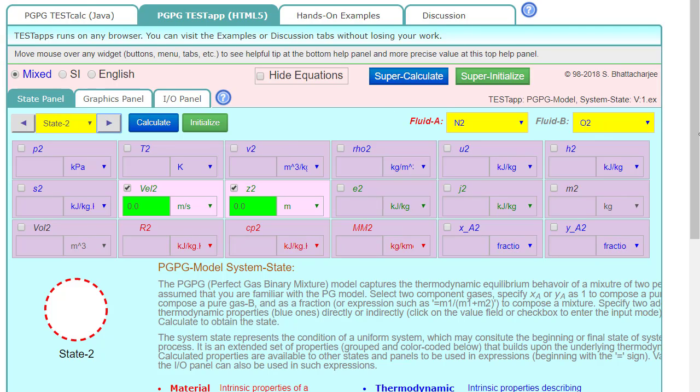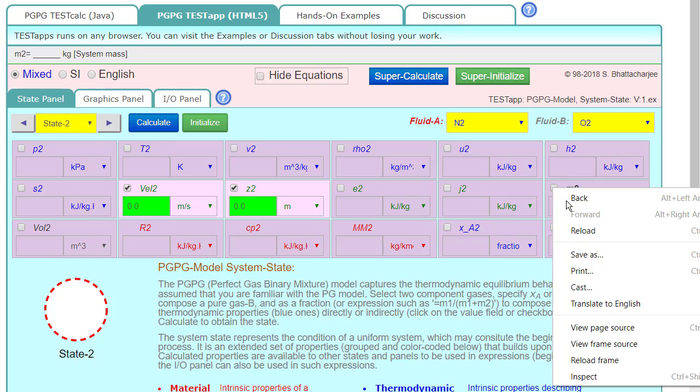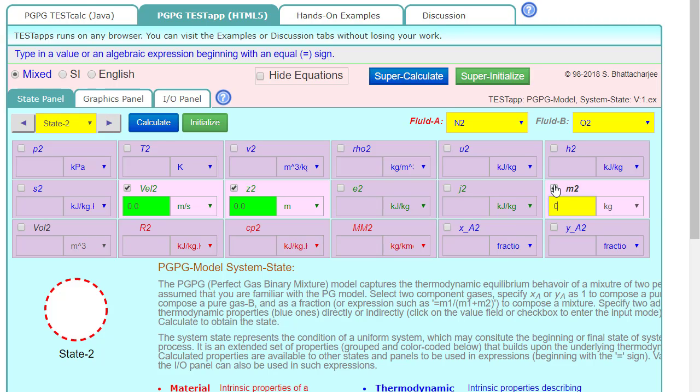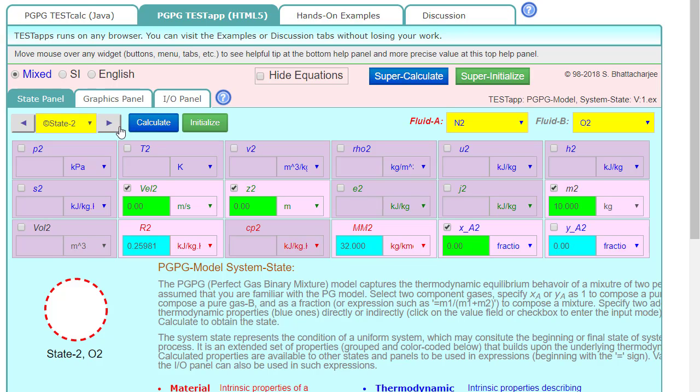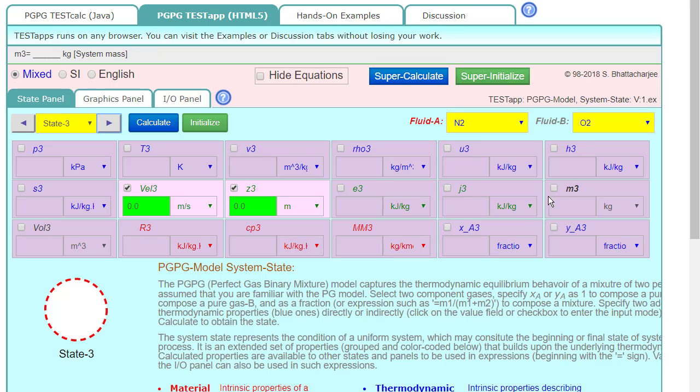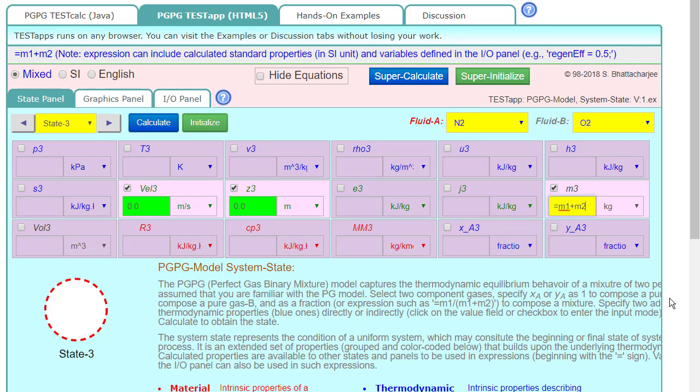State 2 is going to be as if it was just O2, so we were given that that's 10 kilograms. And then the mass fraction of fluid A, which is the N2, would be 0 because it's all O2, no N2. Calculate. Right, and then state 3 is going to be our mixture, so mass 3 would be M1 plus M2.